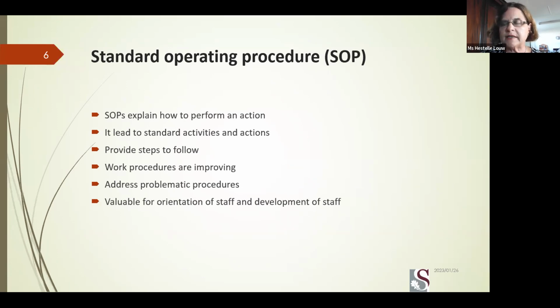It's not practical, because you can only take in so much information, but they can take it over a period of time and read those SOPs. And even if you've got staff that's not according to the criteria and you want to develop them, you can use that as well.